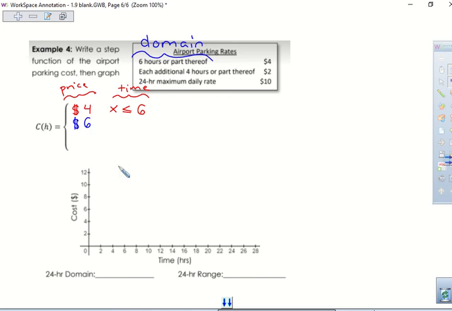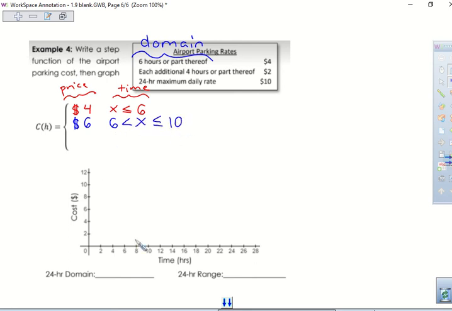You pay $4 for 6 hours, and then you can park an additional 4 hours for $2 more. So how long can you park for $6? 4 extra hours, 6 plus 4, 10. So for $6, you can park between 6 hours and 10 hours.